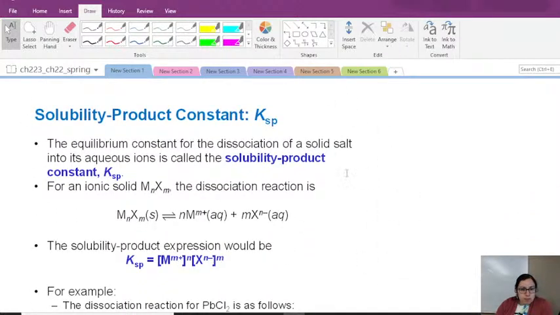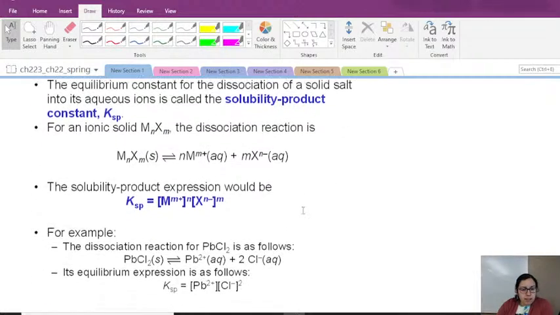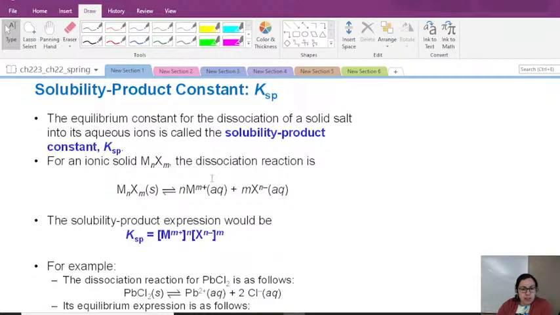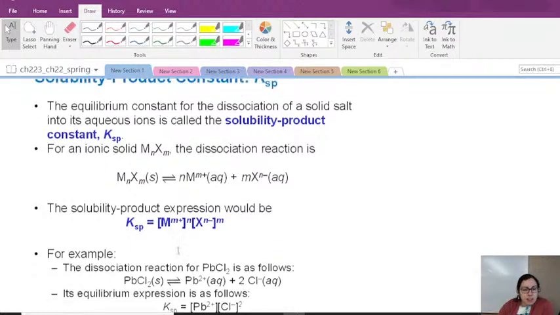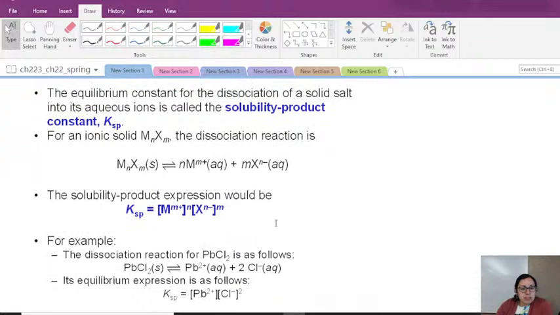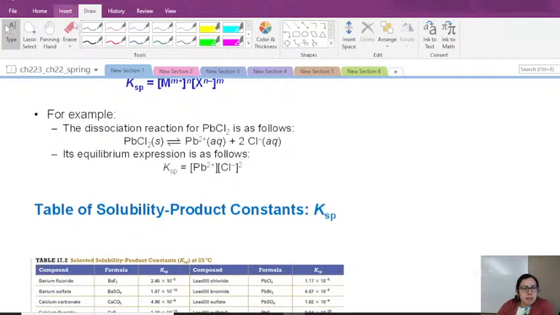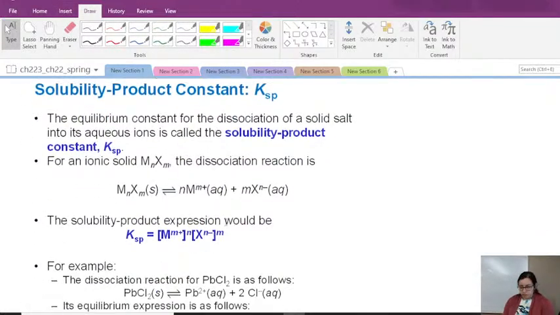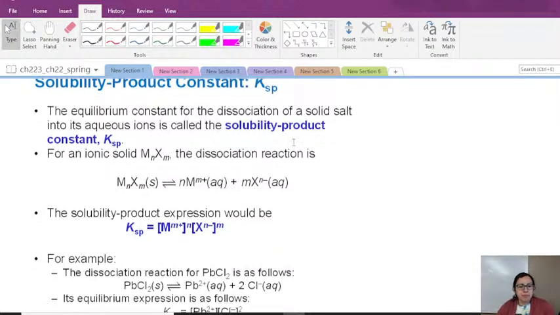And so first we have to define KSP here. I feel like the general expression looks really confusing, but once you break it down into what it's saying, it's pretty simple. So let's look at the example as we look at this generic form.